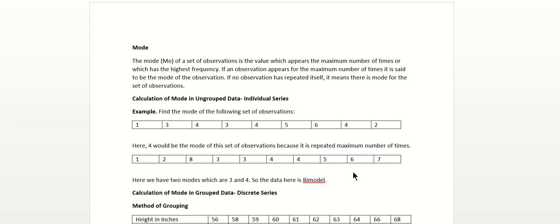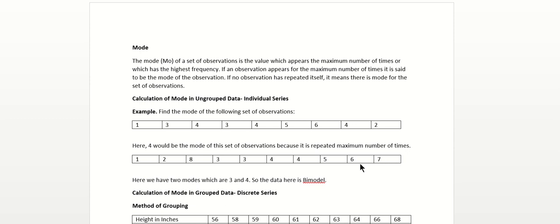This data is very simple, but at times the data is very complicated and you may not be able to calculate mode very easily, because this is an individual series question. But in case of discrete series or continuous series, there can be a bit of a problem in calculating mode.